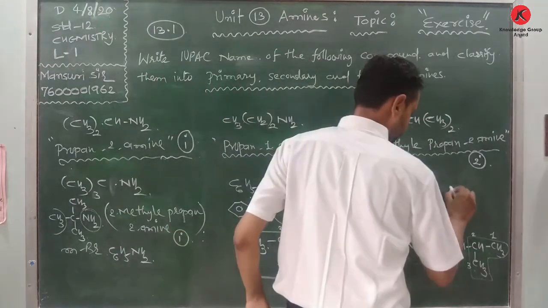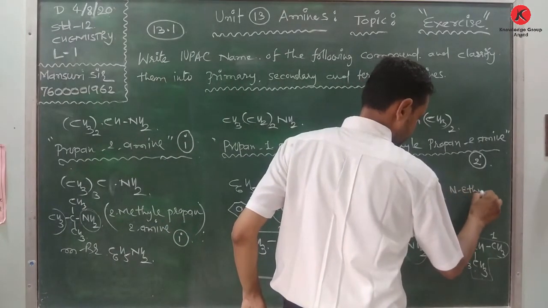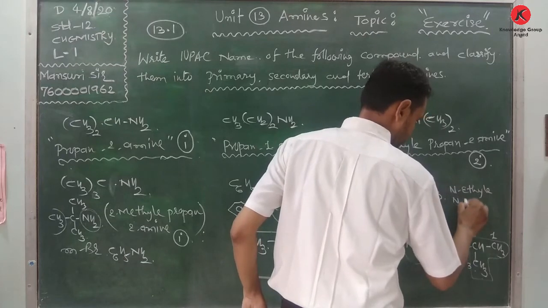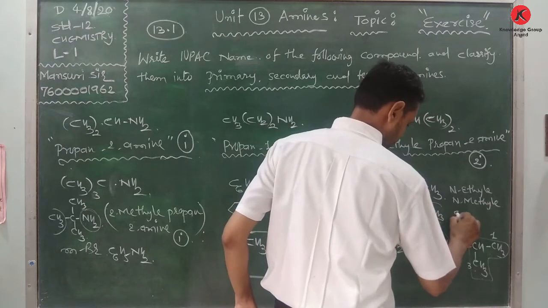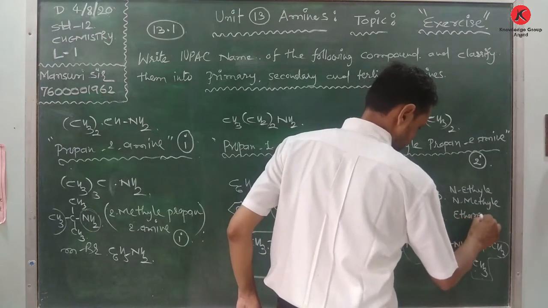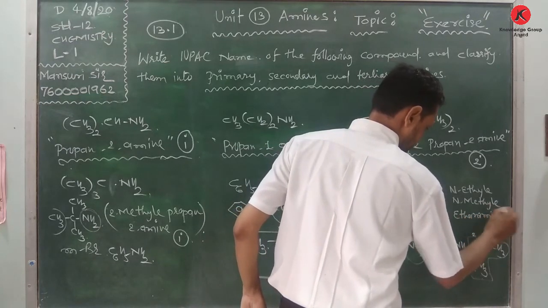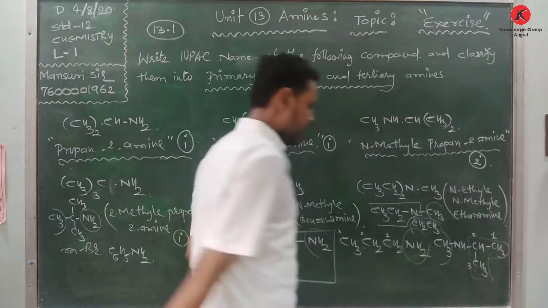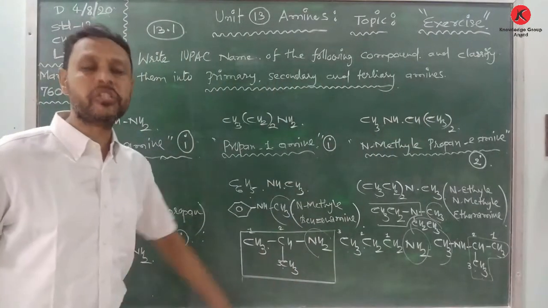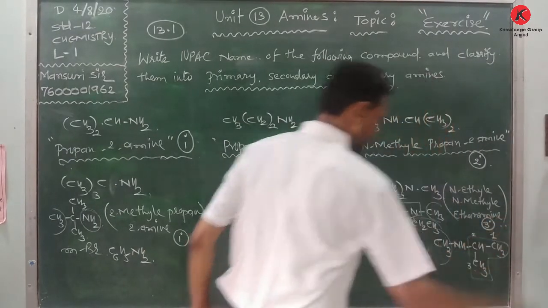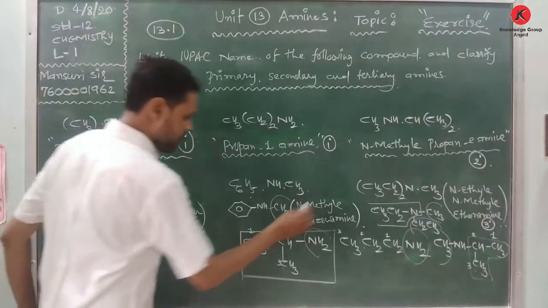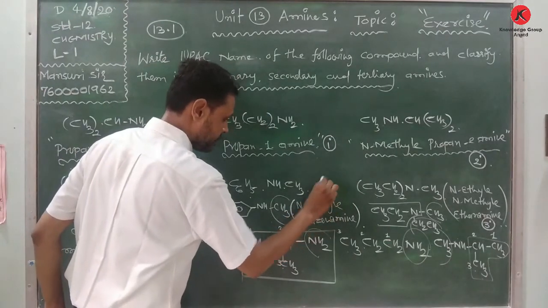I will write it over here: N-ethyl-N-methylethanamine. This is the name, and here you are given a tertiary amine. This is my secondary amine.